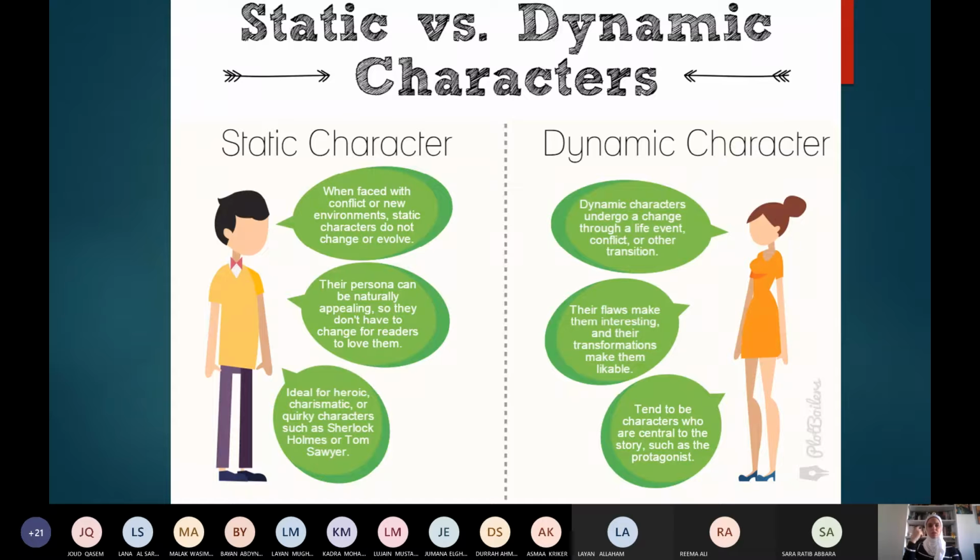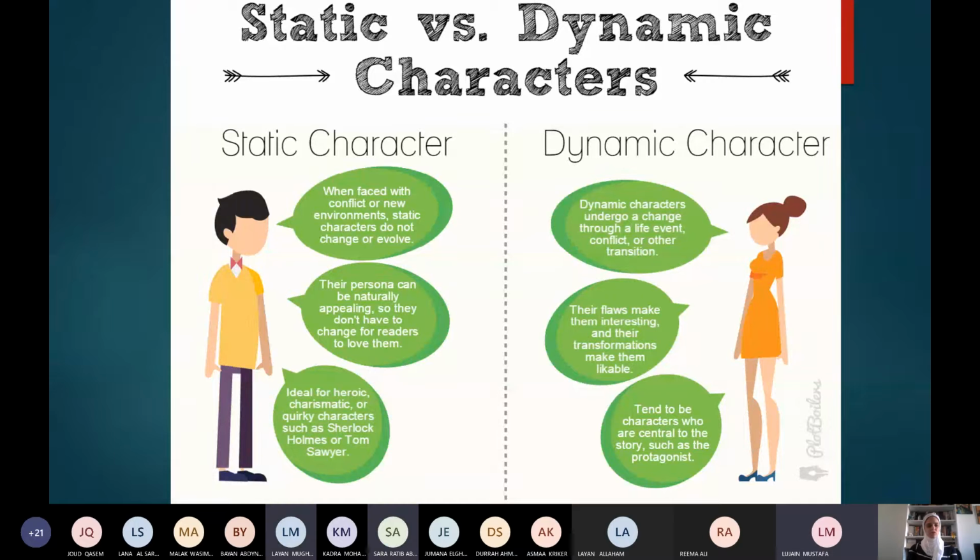Remember in your mind any movie you've watched. Dynamic characters tend to be the characters who are central to the story, such as the protagonist. Yes, dear? The caliph of the story of Kasib. Excellent. The caliph and Kasib. Kasib was what? He was a good man.